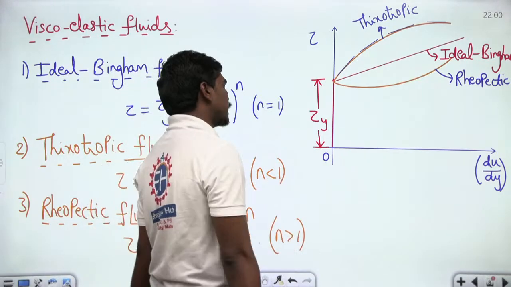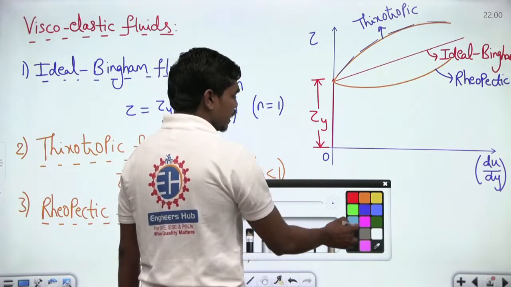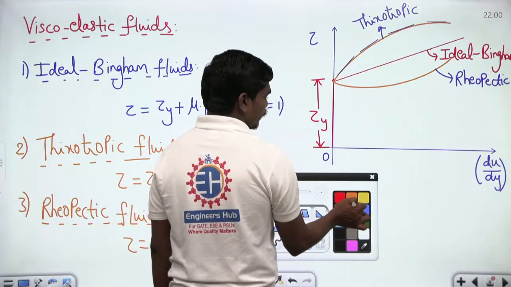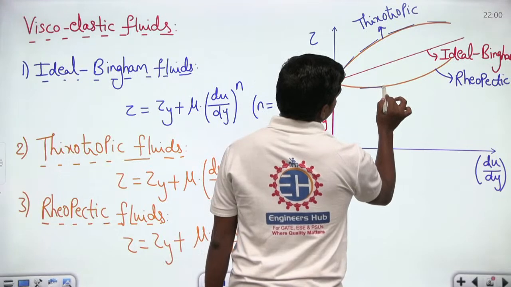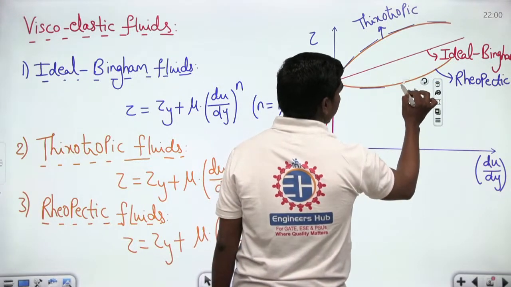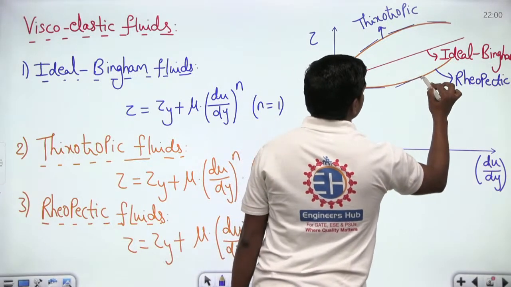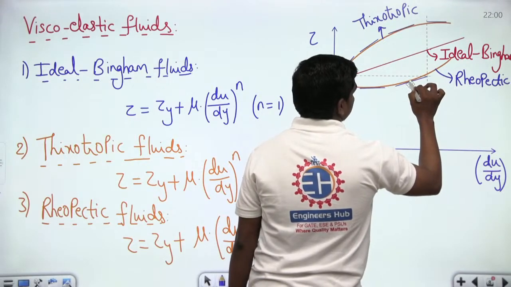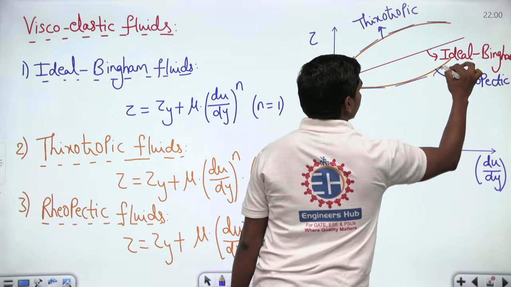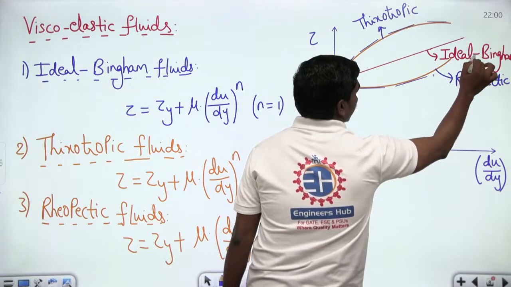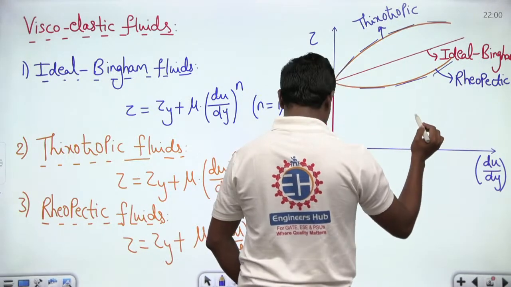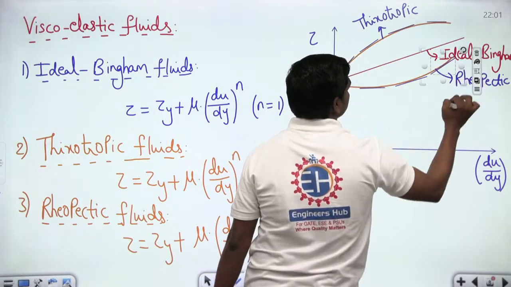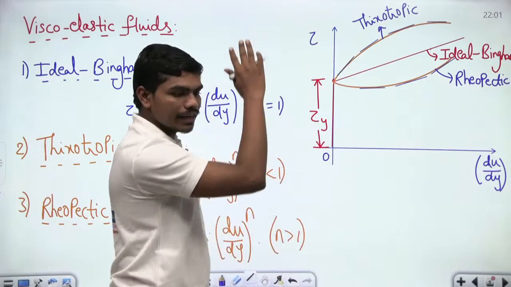Here you can easily visualize that if you are trying to draw a tangent, initially the slope is very less, but as this time increases, the slope keeps on increasing.